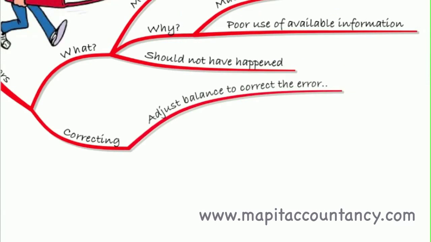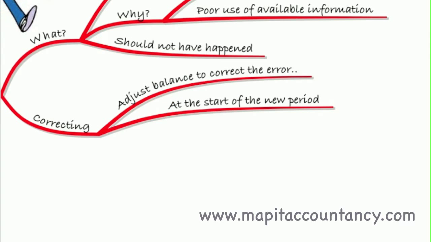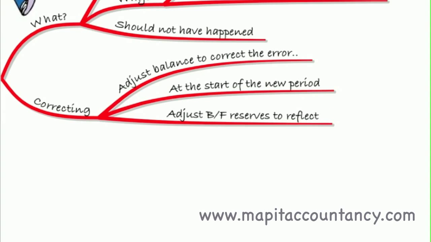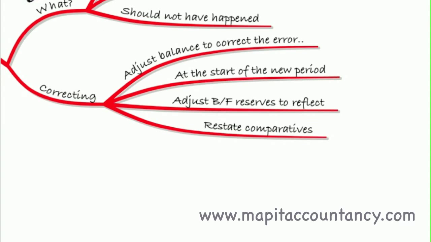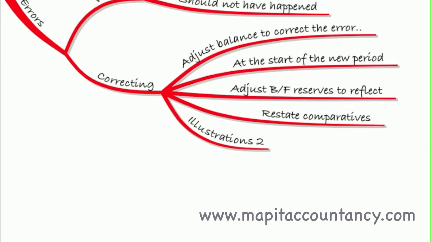Well, we're going to adjust the balance to correct the error at the start of the new year. That will mean that we need to adjust the reserves brought forward, and we restate the comparatives so that we've adjusted completely for the error. We did a detailed example of that in illustration 2.